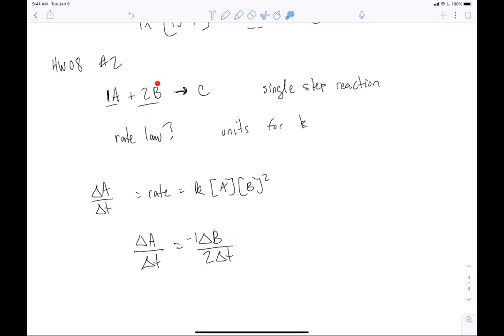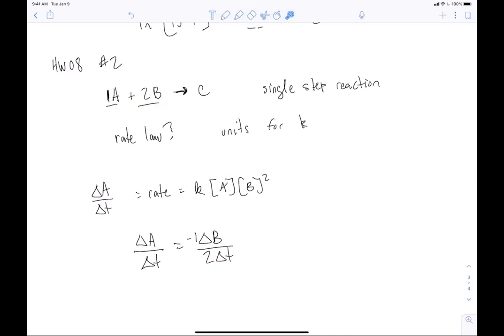All right, so as Joshua said, and I think Ian came over the intercom and said, because you have twice as much B, it takes twice as much time for B to lose the same amount as A. Well, is that true though?